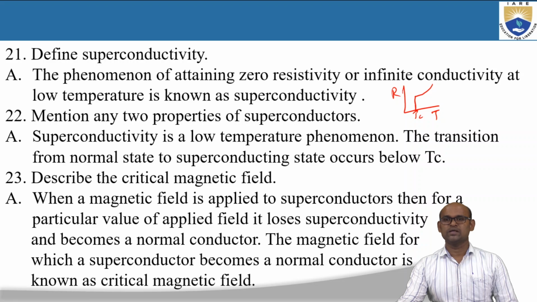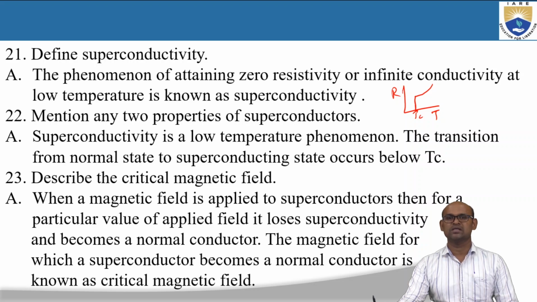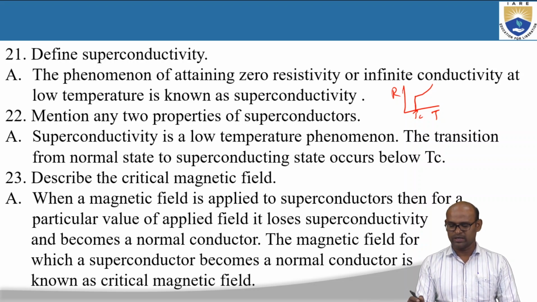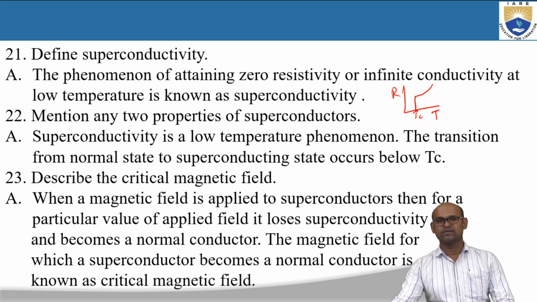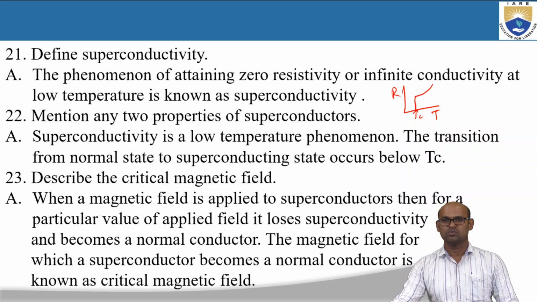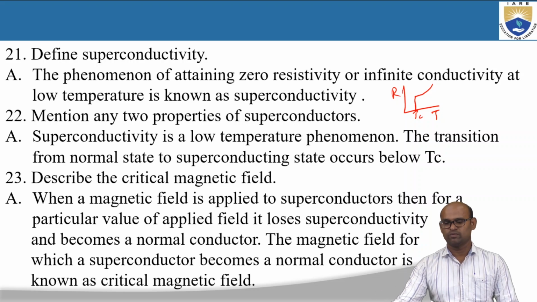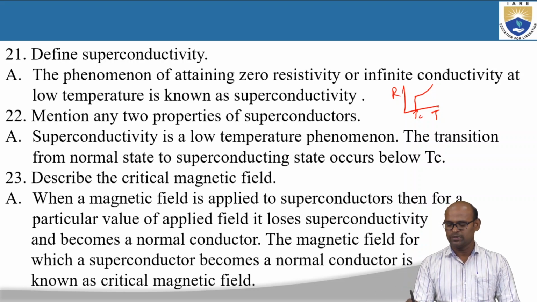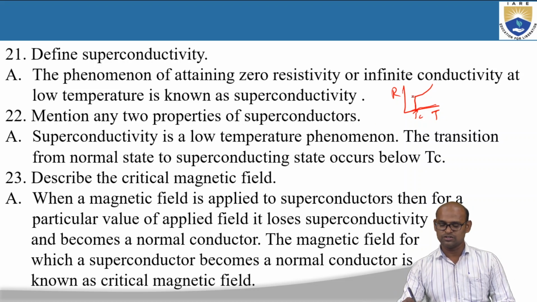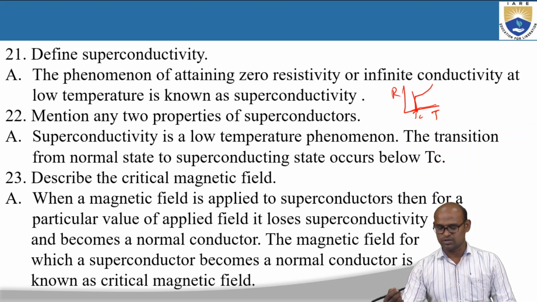Mention any two properties of superconductors. Superconductivity is a low temperature phenomenon. The transition from normal state to superconducting state occurs below Tc. Any two properties: critical temperature and critical magnetic field. Critical temperature: when we cool a material, for example mercury, below Tc, only then you will see the resistance go to zero, and the transition temperature below which you have zero resistance is called the critical transition temperature.